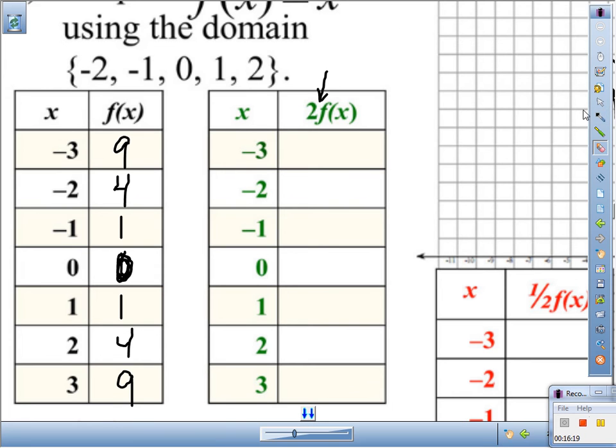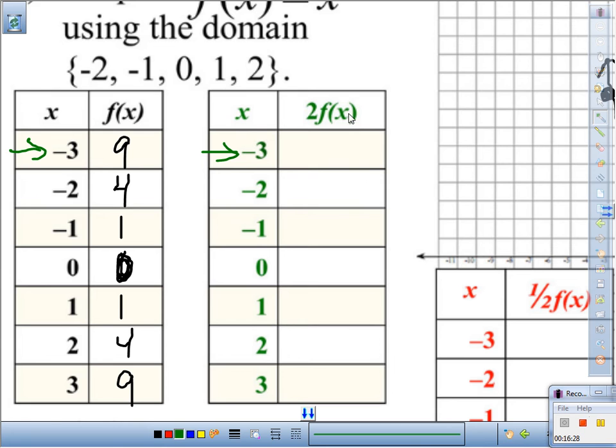Therefore, I go to my original function. Here it is. So when x is negative 3, I'm focusing here. What is my f of x? My f of x is 9. But now this is saying to do what? So therefore, what goes here? 18. Fill that in. 2 times 9 is 18.